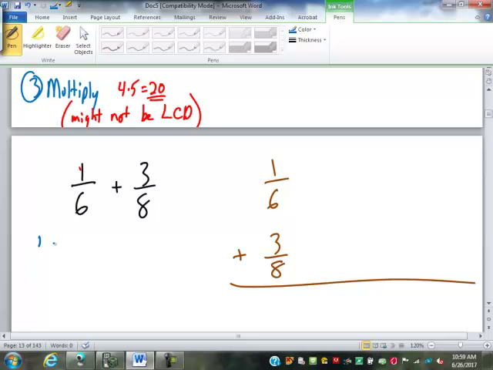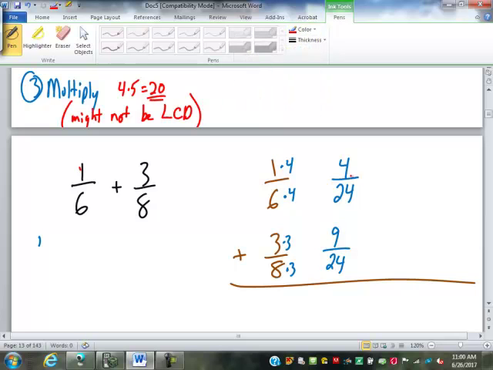For 6 and 8, does anybody see what the least common denominator would be? 24. What did we do to the 6 to turn it into a 24? Multiply by 4. So the 1 times 4 is 4. What did we do to the 8 to turn it into a 24? Multiply by 3. So 3 times 3 is 9.